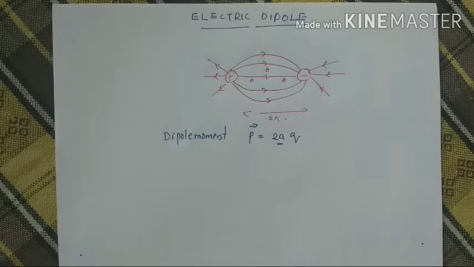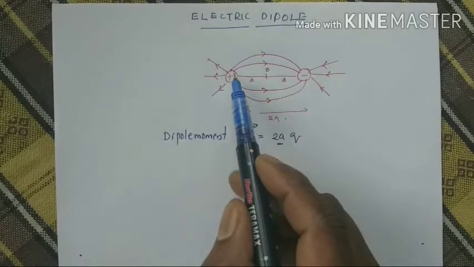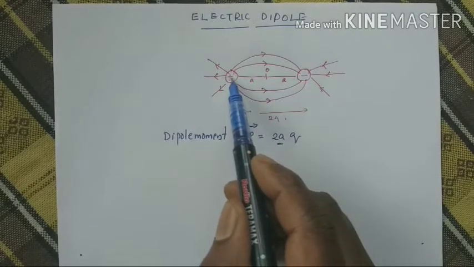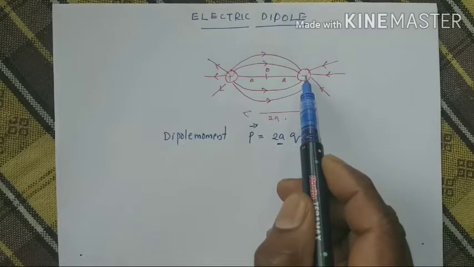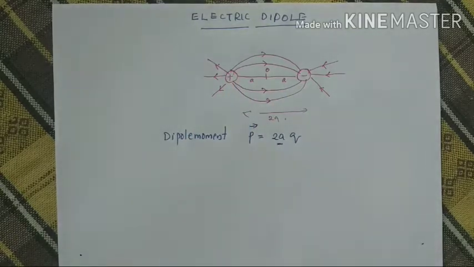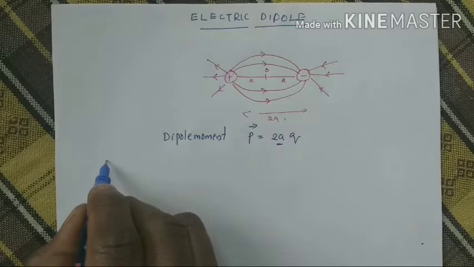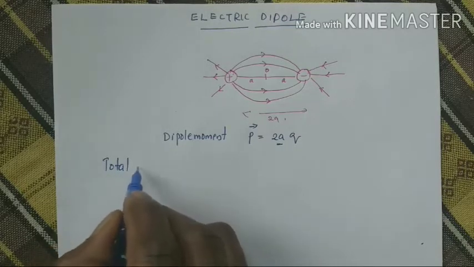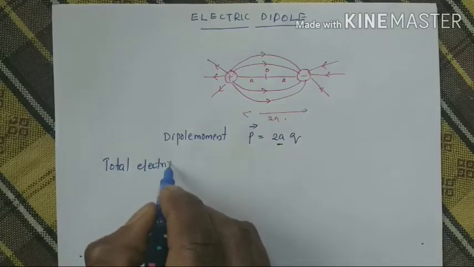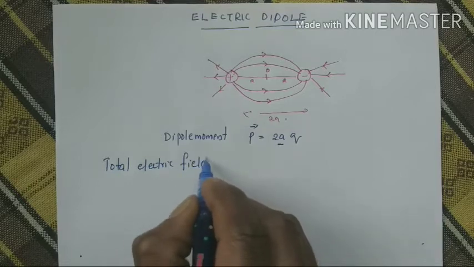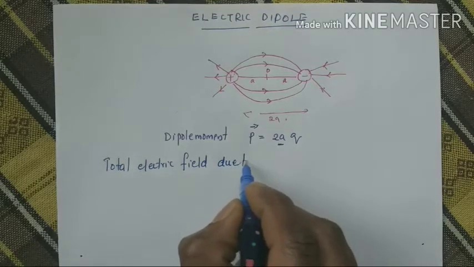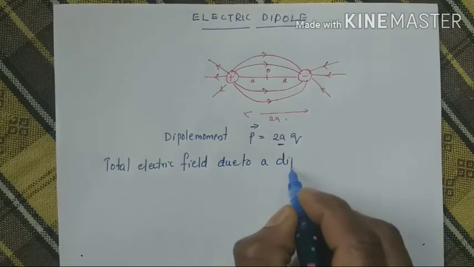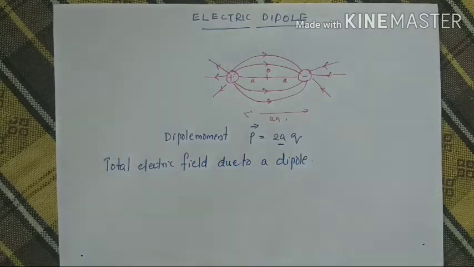Now I hope this much is clear to you. As I told you, this is a separation of two charges, one positive and another negative, and we want to find the total electric field of the combined system, the total electric field due to a dipole.